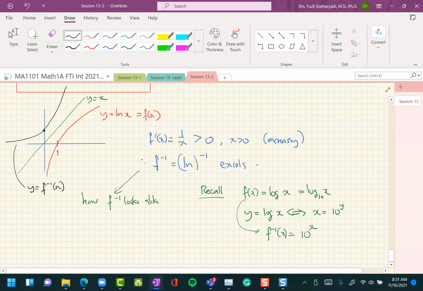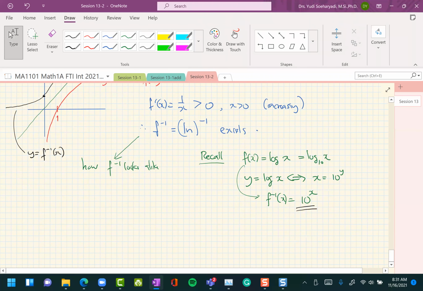Okay, so it looks like exponential functions. Okay, so we say that the inverse of this is called exponential functions. So the green one.